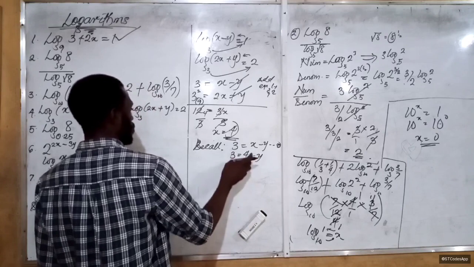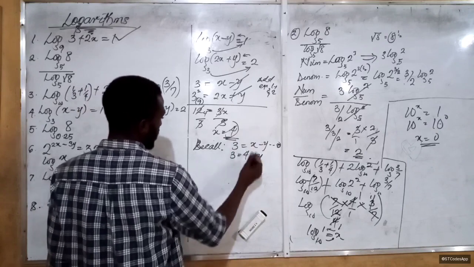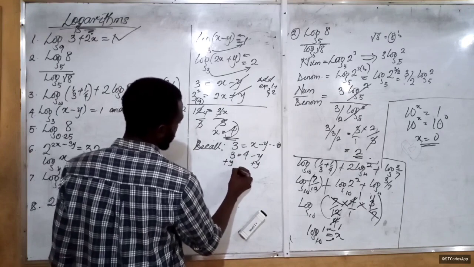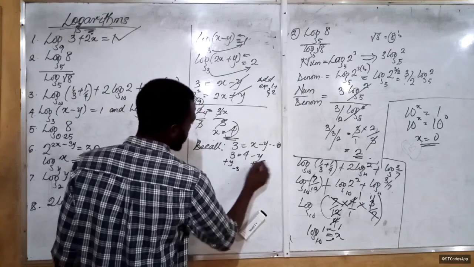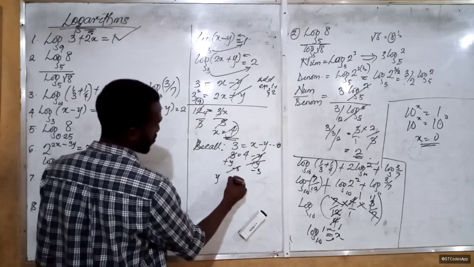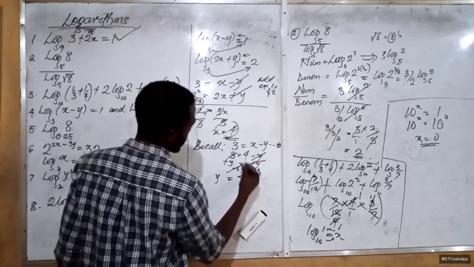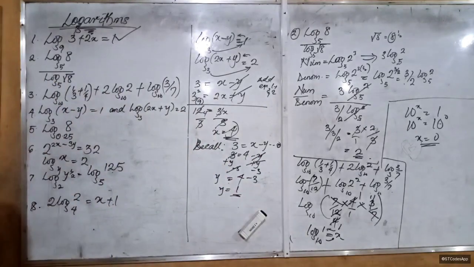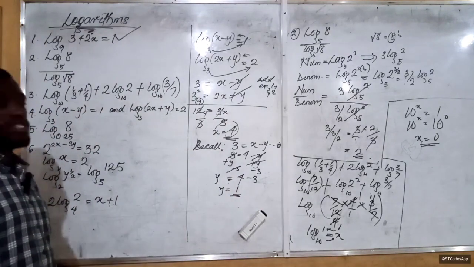But what you basically do is add y to both sides and subtract 3 from both sides. So this takes care of this to give us 0, and this takes care of this to give us 0. So y will now be left here is equal to 4 minus 3. So y equal to what? 1. And that is our answer for y. So x is 4, and y is 1.